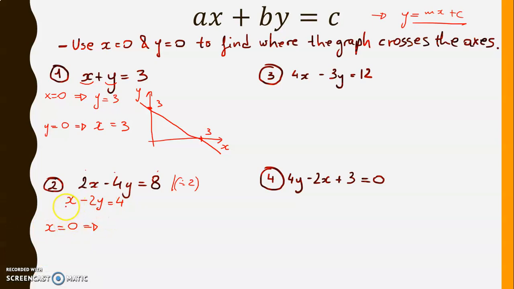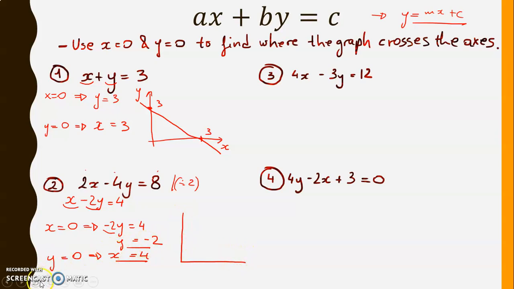So if x equals 0, this term here disappears, so we end up with minus 2y equals 4, which leaves us with y equals 4 divided by minus 2, which leaves us with minus 2. Similarly, when y equals 0, then this term here disappears and x is equal to 4. So we have our 2 points of intersection with the axes.